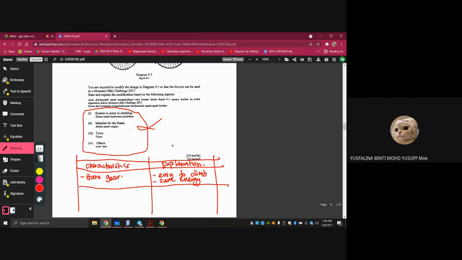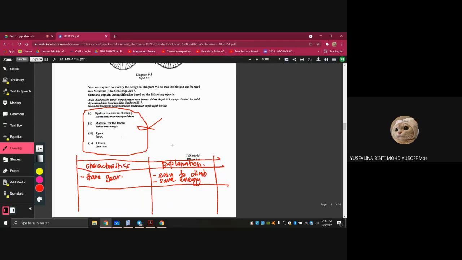How about the material for the frame? When you talk about the material, please don't put the name of the material, such as aluminium, steel or iron. Never ever put the name of the material.